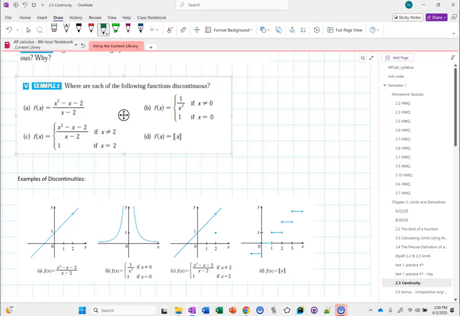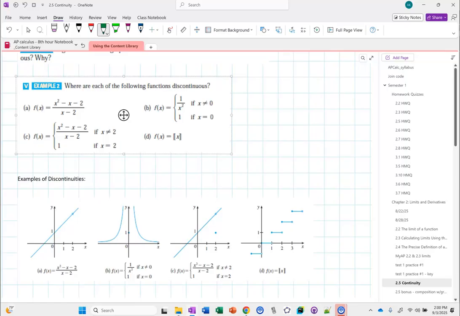We just got done talking that a rational function should be continuous at all values of x in its domain. What values of x are not in the domain of that rational function in A? 2. Why is that, Adriana? Because it makes a 0 denominator. Everybody can see that?